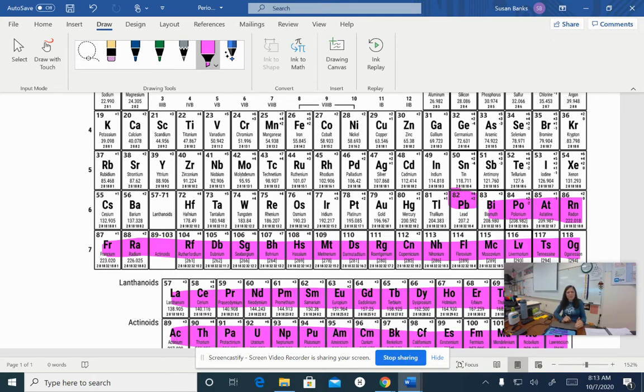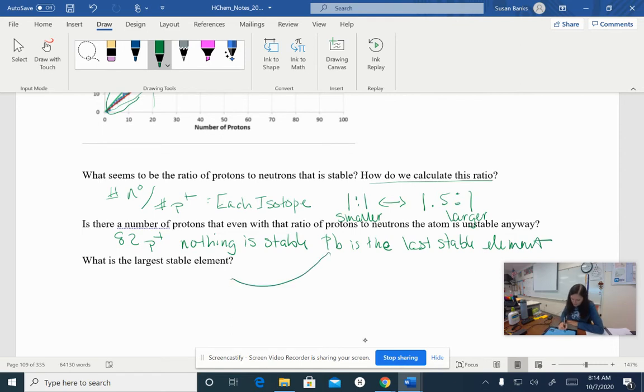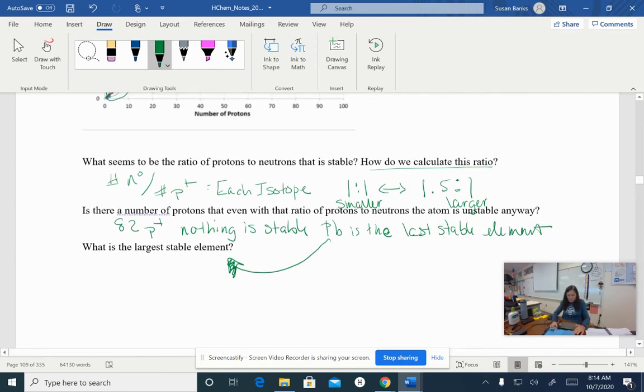They're all radioactive. They're all decaying in some way, shape, or form. Okay? So lead is the last stable element. Okay? And I just answered that question right here. Lead is the largest or the last stable element that we have.